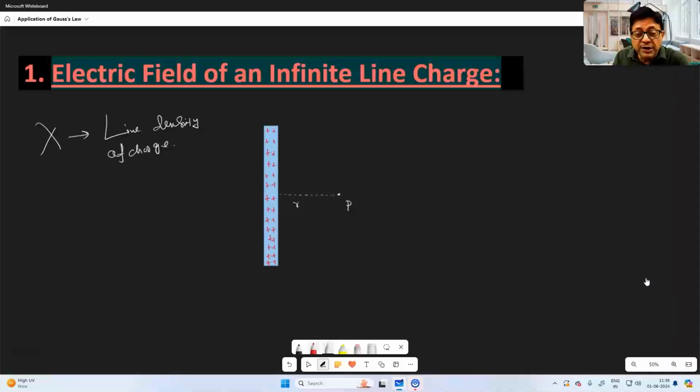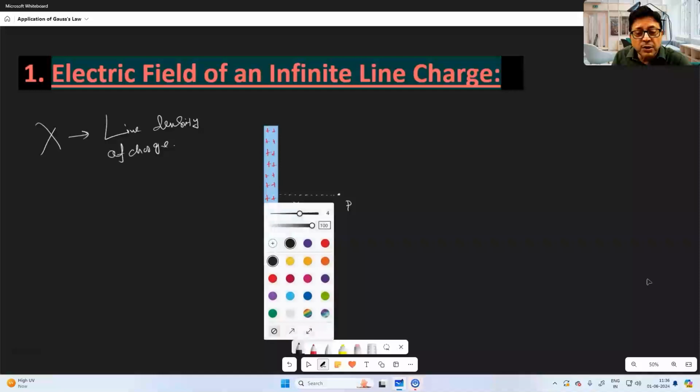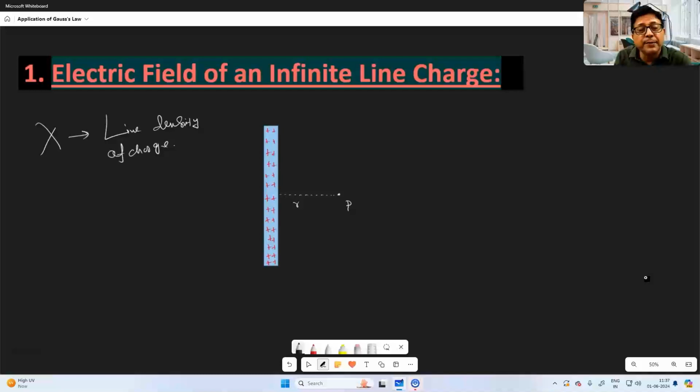What you did in Coulomb's law, I just remind you. In Coulomb's law, you used to divide into an infinite number of parts. This is one elemental part. Symmetry is there. Another elemental part is there. Or do you forget Coulomb's law now? No, in this chapter only. So due to this elemental portion, the electric field at the point P will be directed this manner.